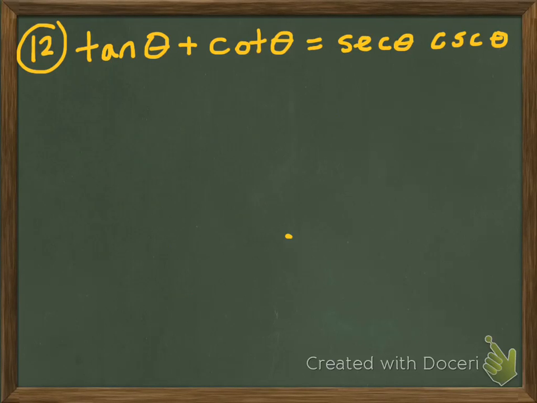Because when you have trig things being multiplied and you rename them in terms of sines and cosines, nice things tend to happen. So let's work on the right side first, because neither one of these sides is terribly pretty or simple, right? So we'll start on the right on this one for that reason.